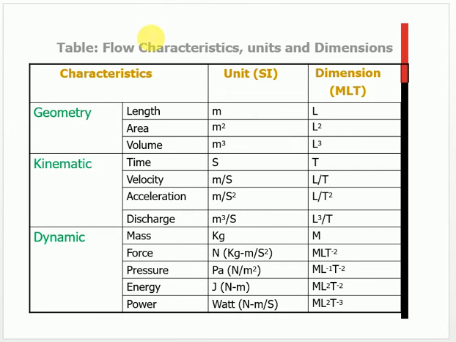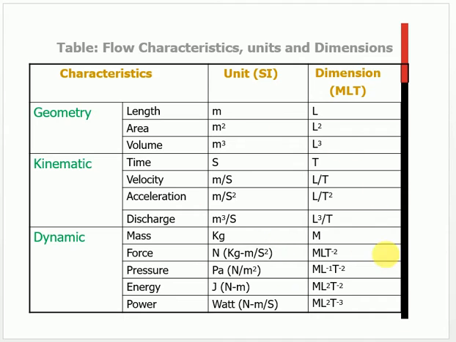These are a few flow characteristics with their units and derived dimensions. Geometrical characteristics are length, area, volume. Kinematics is based only on motion: discharge, acceleration, velocity and time. These are kinematic because they don't involve force. Dynamics includes forces too, like mass, force, pressure, energy, power.